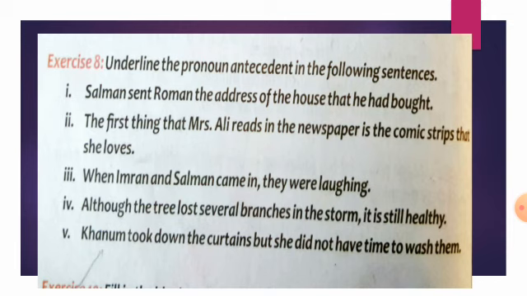Although the tree lost several branches in the storm, it is still healthy. Branches is also a noun, storm is also a noun, but it is still healthy: it is used for the tree. So tree is the antecedent. They agree with each other, like it is used for the tree.